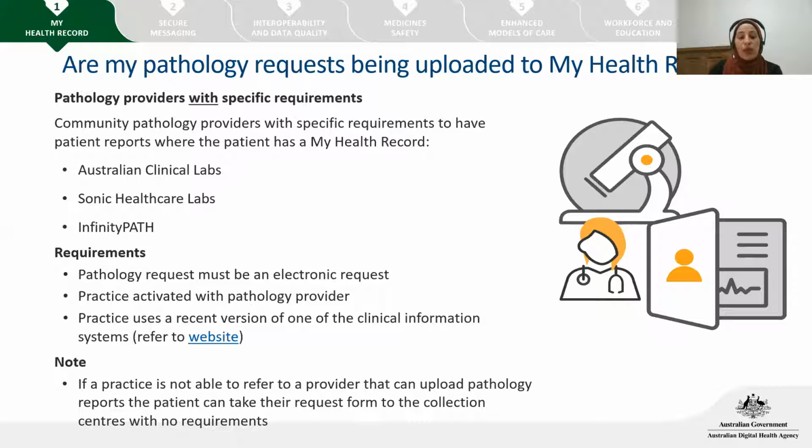So again, that's why they need to make sure they've made that phone call to be activated. If the practice isn't able to refer to a pathology provider that has the capability to upload to a patient's My Health record, then they can refer them to one of the pathology providers that we just saw that has no requirements in place.